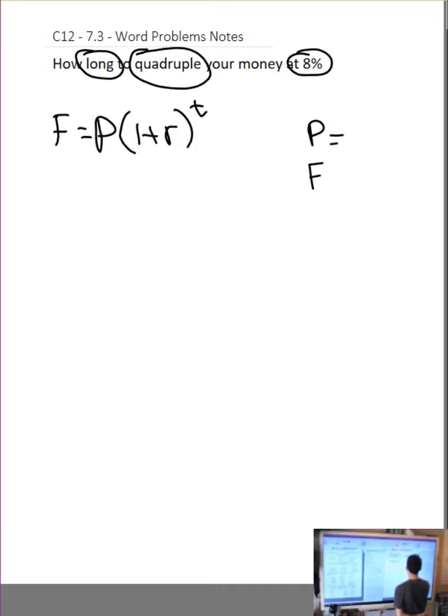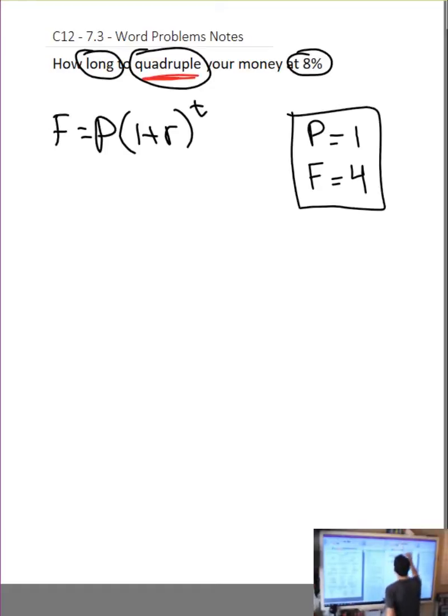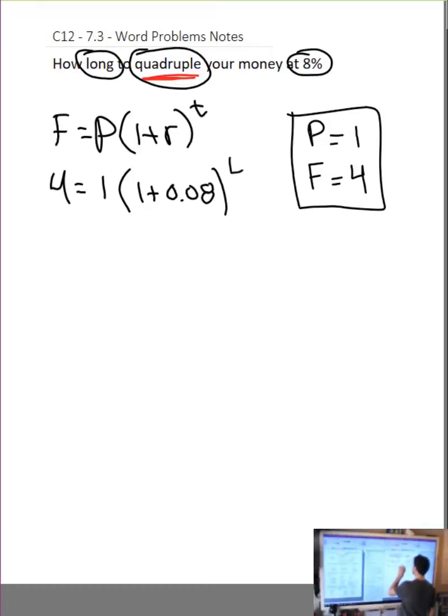Before we worked on if you triple, now if we quadruple, a present value of 1 and a future value of 4. So my future value is 4. I have a present value of 1. Now my interest rate is 0.08. And t, we're looking for how much time. So I can divide both sides by 1 and I can clean it up.